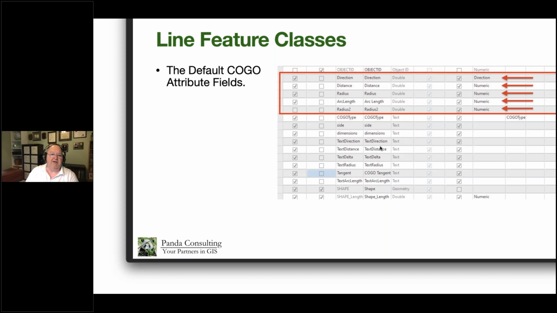And you can use this to begin analyzing the quality of the mapping. Does it say 100 feet on the distance field, but in fact, that line is actually 300 feet long? You've got a problem there.